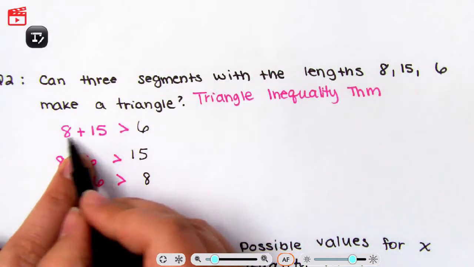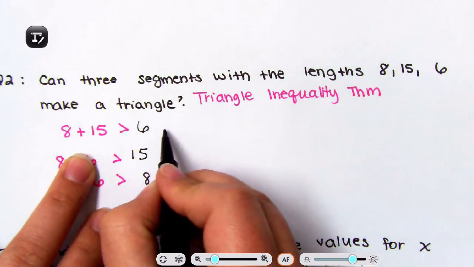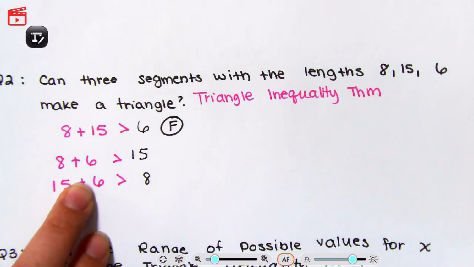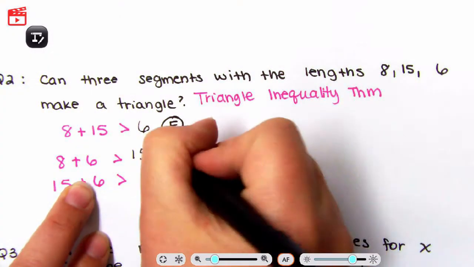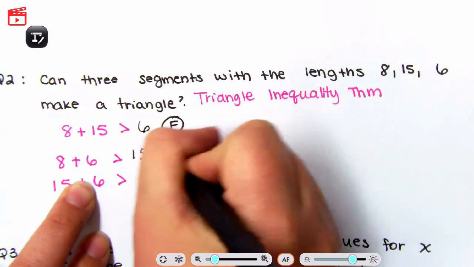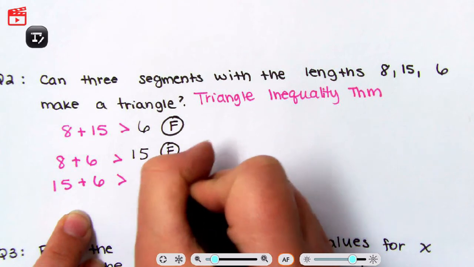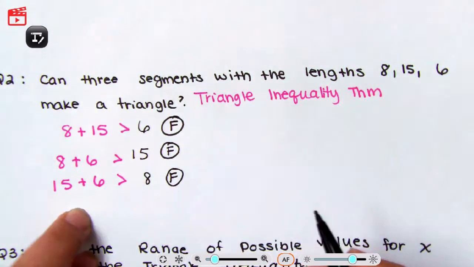So is 8 plus 15 greater than 6? No, this is false. Is 8 plus 6 greater than 15? Well, let's check. 8 plus 6 is 14. That is also false. 15 plus 6 is not greater than 18. This is false. So you only need one.